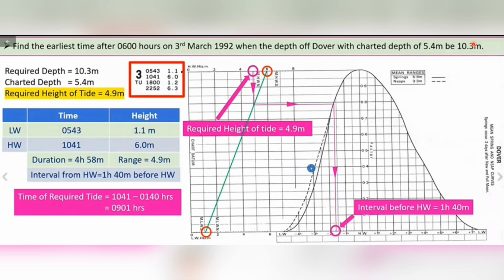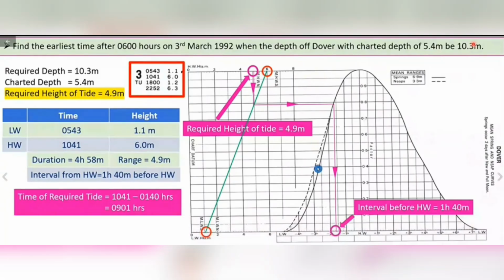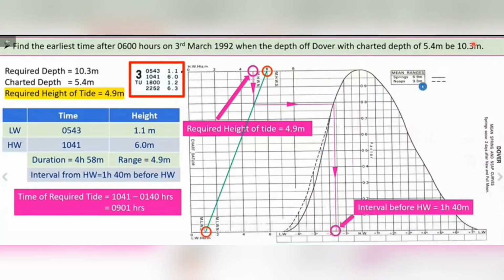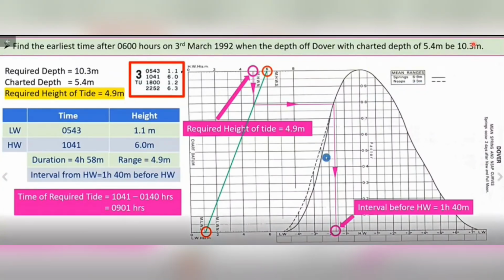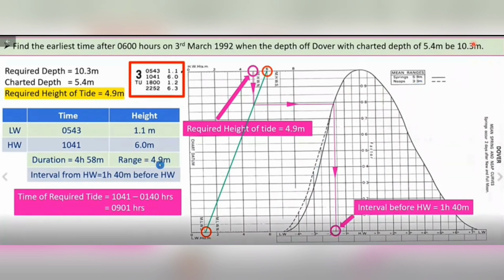You will see you have a dotted line curve and you have a solid line curve. So where do we stop our horizontal line in this case? So ऐसे केस में बेटा remember, जो dotted line है, dotted line in this case represents a neap range 3.3 meters, and जो solid line है, solid line represents a range of 5.9 meters. अब हमारी रेंज कितनी आई है बेटा? हमारी रेंज आई है 4.9 meters.